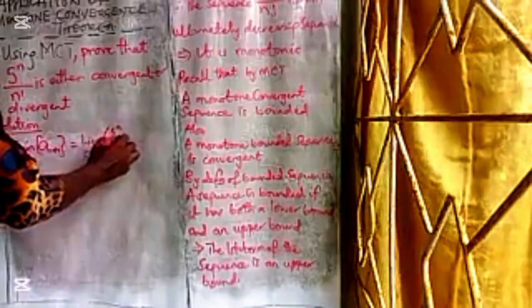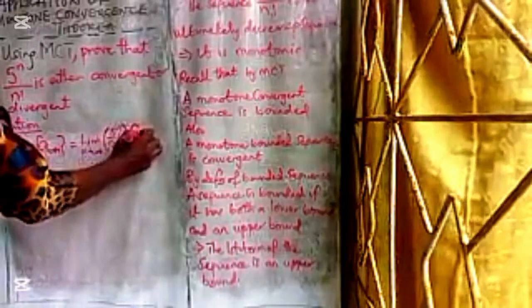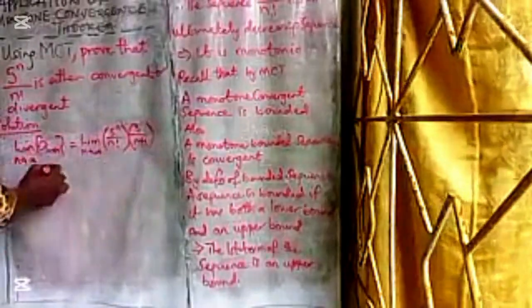But since this is a decreasing sequence, it means that the first term of the sequence is an upper bound. Does the sequence have a lower bound? Let's find the limit as n approaches infinity. The limit as n tends to infinity of a sub n is the limit as n tends to infinity of 5 raised to the power n over n factorial into 5 over n plus 1.